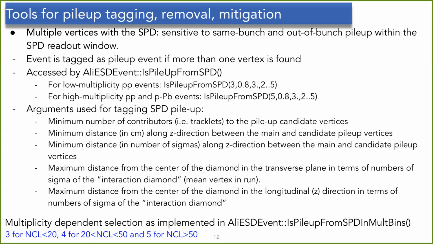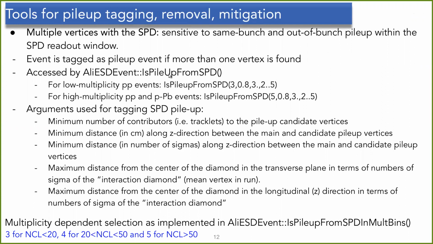You can think of this contributor number like a multiplicity or number of tracks. So we assign as the primary vertex the one which has the largest number of contributors, and the vertices which have fewer contributors we assign as the pileup vertices.